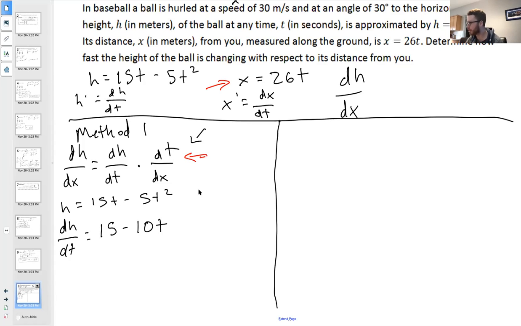So if we manipulate this formula so that it writes t is equal to whatever, that is when we would be taking the derivative of t with respect to x. If that was a little wordy, I'll just show you what I mean. We have x is equal to 26t, but we want to take the derivative of t with respect to x. So let's isolate t. We'll divide both sides by 26. Okay, so now we know t is equal to x over 26.